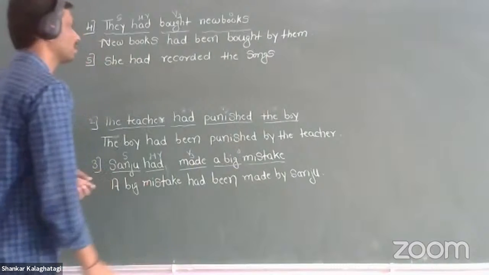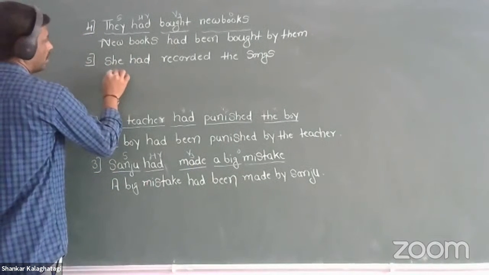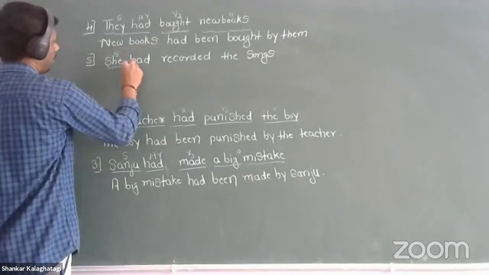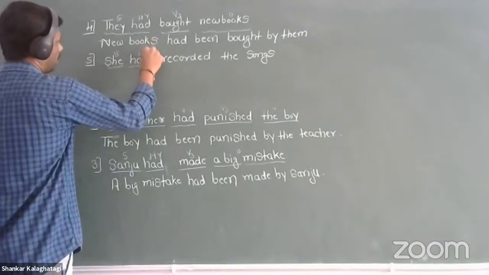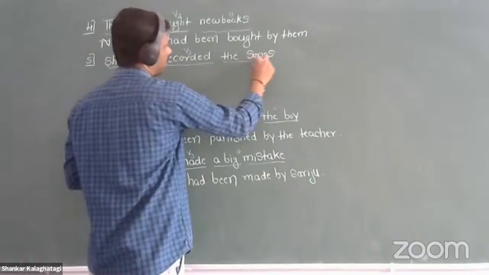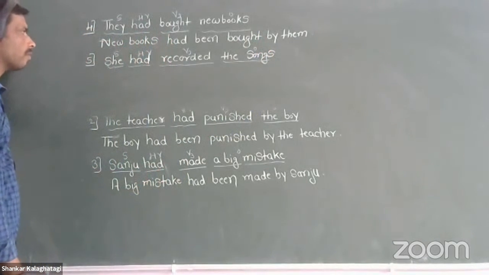Simple. What do we have to write? Now she is the subject. So had is the helping verb. The songs had been recorded by her.